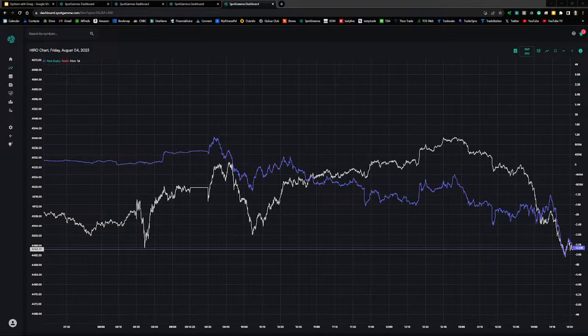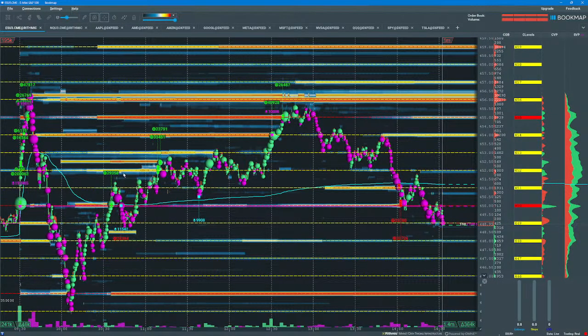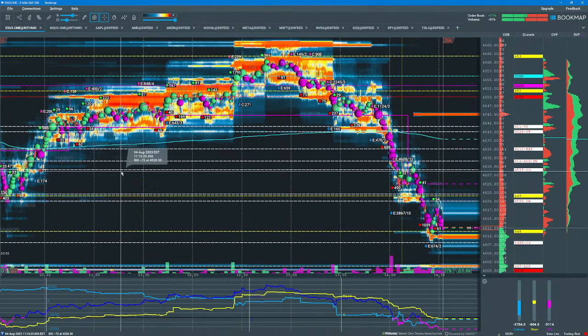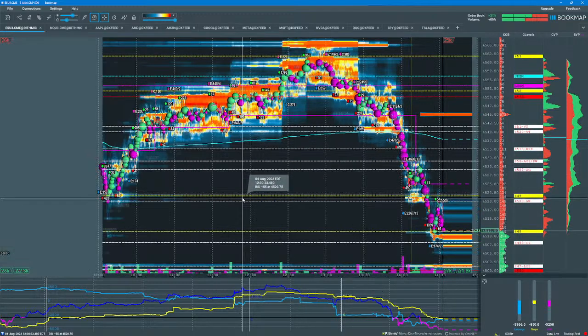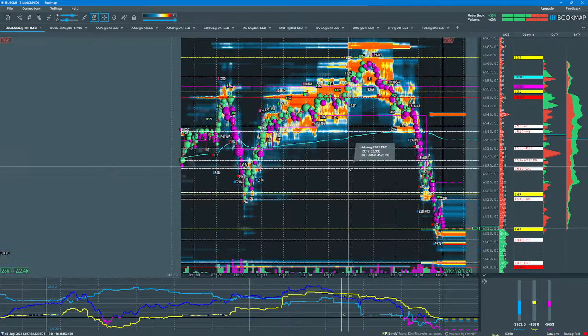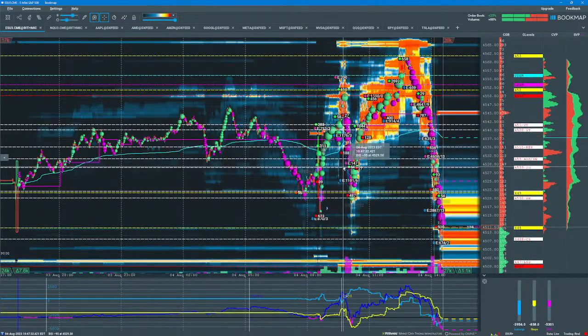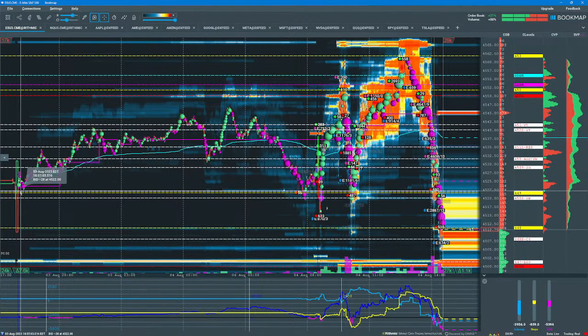All right, let's go take a look at Bookmap. We'll go back to the ES. And now ES is trading lower than the cash open. Let's just see where it compares to the open yesterday afternoon. I've got data going all the way back to then.